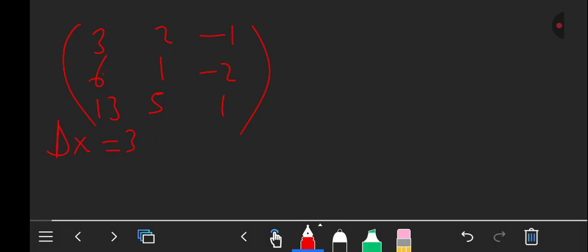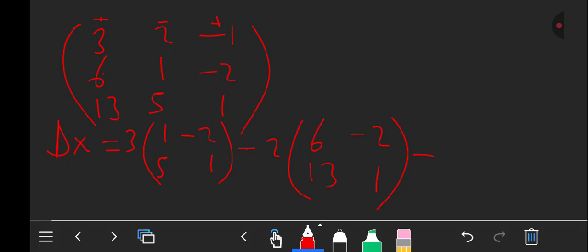We'll start with 3. You form a matrix, so you overshadow the first row and first column. Then you get the matrix that remains: 1, 5, negative 2, 1. Then again, it will be minus 2 because of the sign matrix, plus, minus, plus. So minus 2, you overshadow this and that, so you get 6, 13, negative 2, 1.